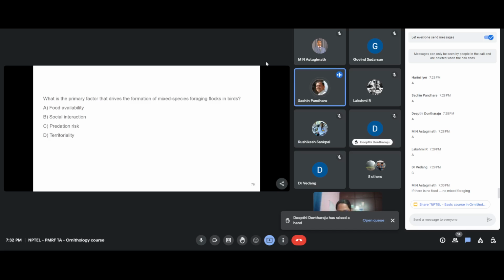You mean to say that if there are two sites with the same food availability, the species may go to the mixed flock because it's safer? Yes, but we must remember that the food resource is different for different species. Suppose I am a babbler, and I see two locations on the ground where similar grains are available.